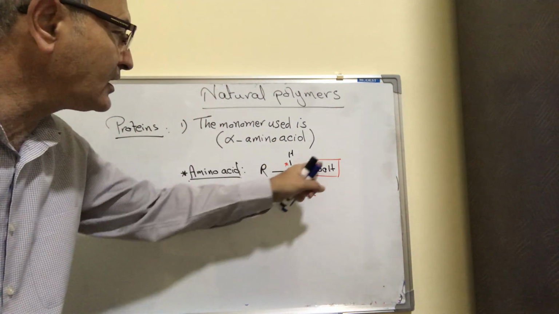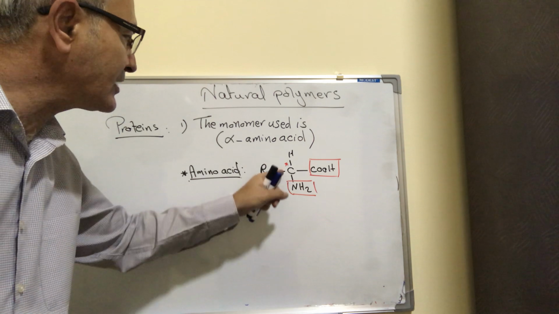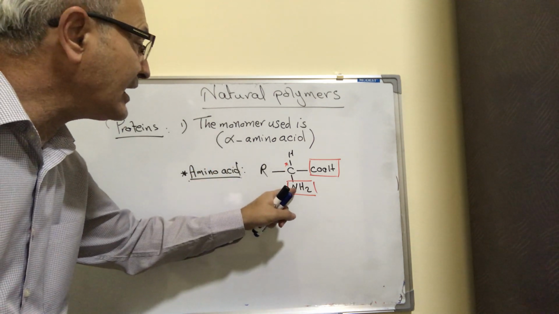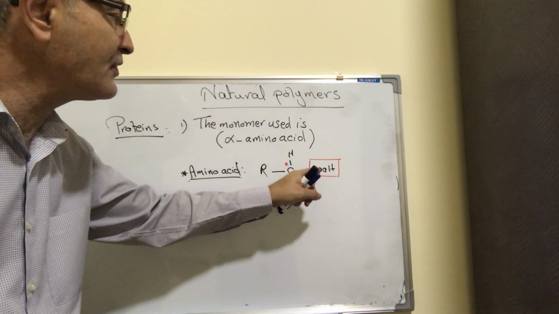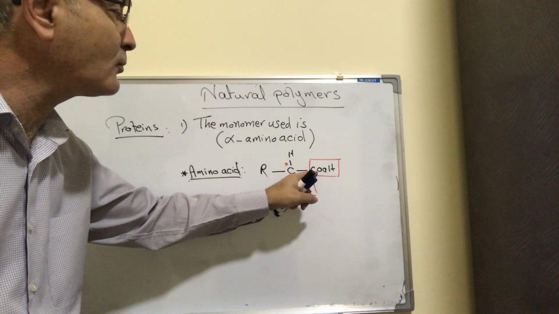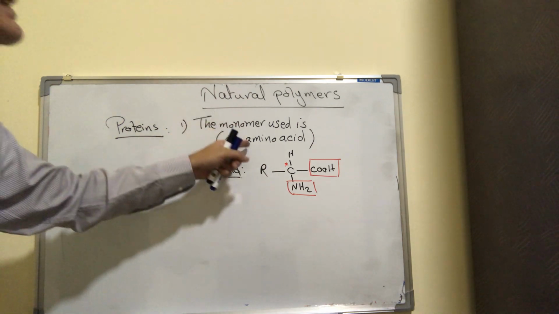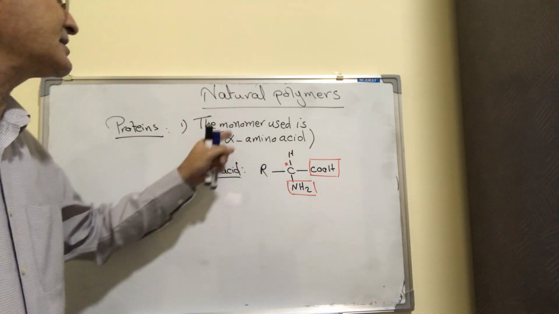If the two functional groups are bonded to the same carbon atom, it is considered alpha. If the NH2 group and the COOH group are bonded each to a different carbon atom, it is still amino acid, but it is not alpha.